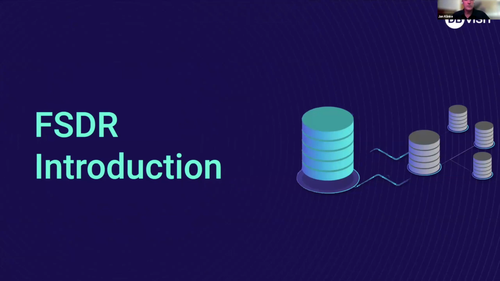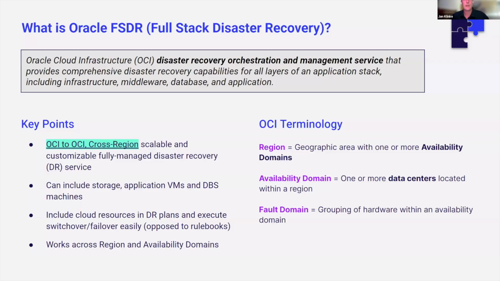And today, I'll try to introduce you to the FSDR tool, which is made by Oracle. It's a cloud framework tool, let's say, and it will also enable you to very easily establish disaster recovery for your existing infrastructure, which you have in OCI.